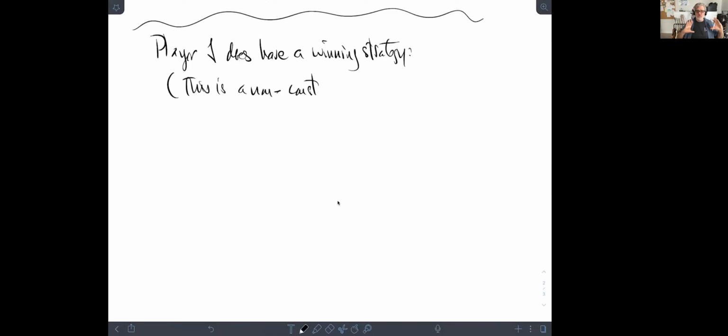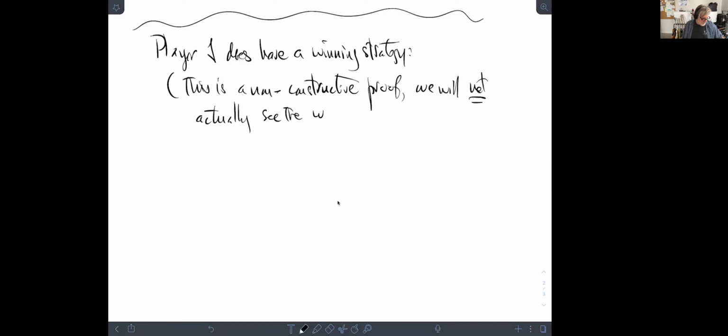I think maybe for square rectangles, there might be a winning strategy that's easy, but a general winning strategy for any size of board, I don't think that's known. So this is a non-constructive proof in the sense that we will not actually see the winning strategy. So we're just going to show that it exists, right?